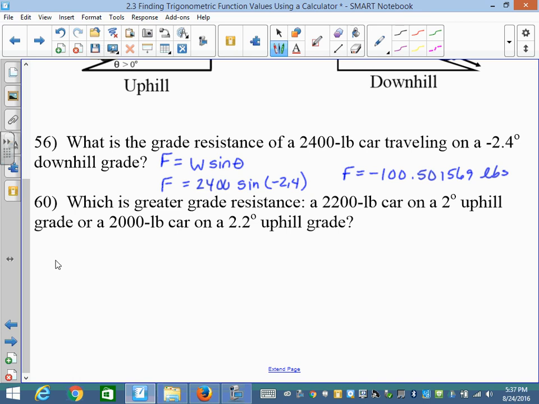Last question here is the last question. Which is greater grade resistance, a 2,200-pound car on a 2% uphill grade, or a 2,000-pound car on a 2.2% uphill grade? Let you guys think about which one do you think is going to be. You might want to pause it, go ahead and calculate, and see if you get the right answer.